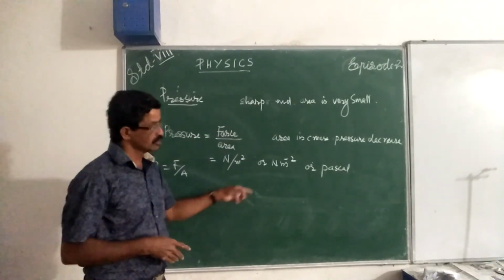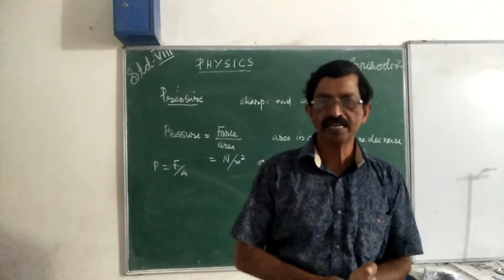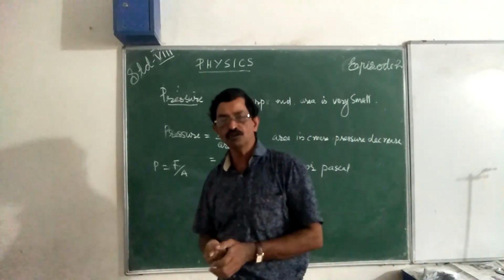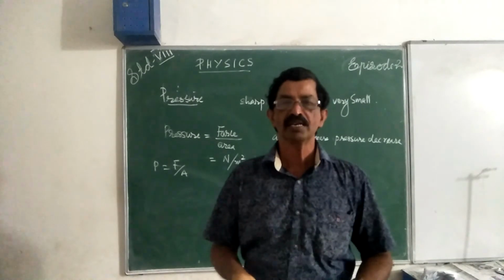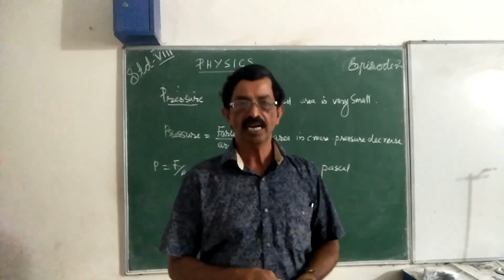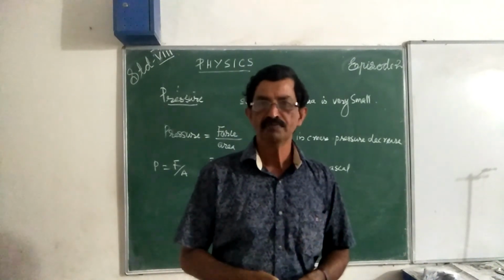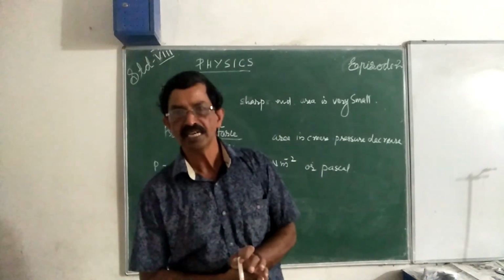Okay. Now you try to find out more examples. What are the methods we use in some places to increase pressure? For example, our knife. We make a knife with a sharp end. Why?